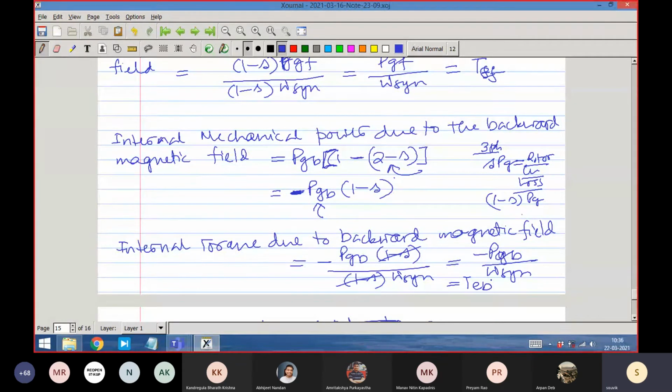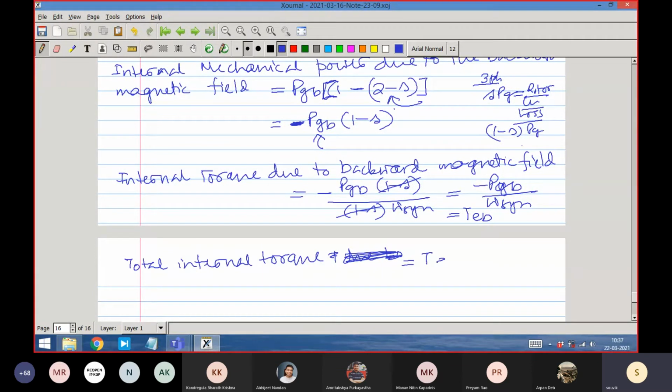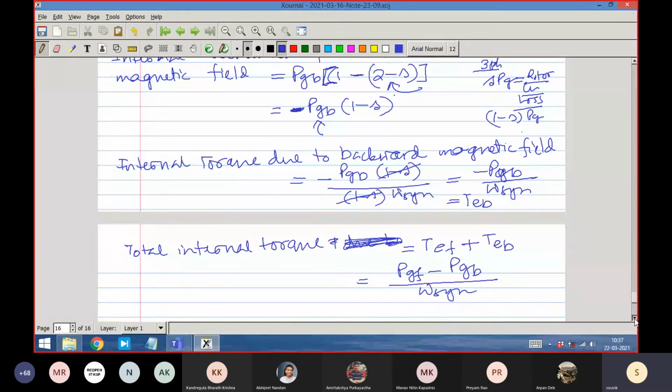So this is equal to TE forward plus TE backward, algebraic, which is nothing but PGF minus PG backward by omega s. That is the torque produced.